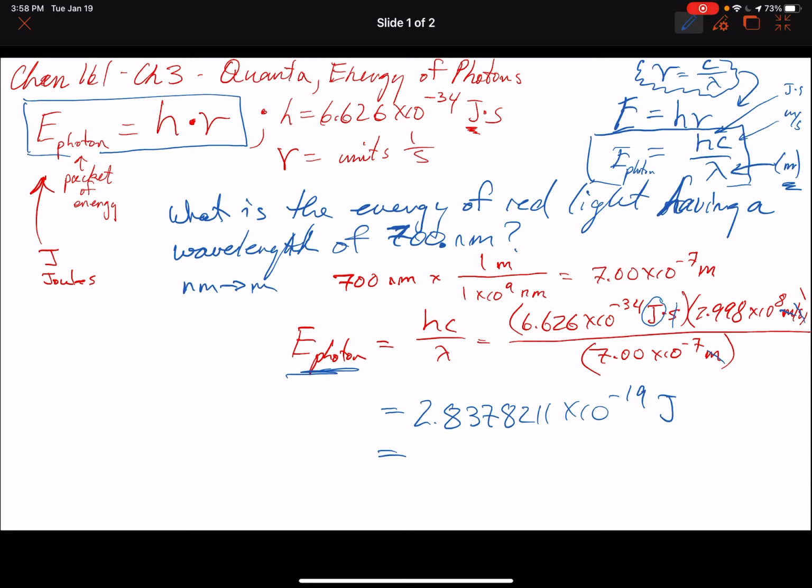So we'll go to 3 sig figs on this one, which is how we reflected the level of precision over here. So we'll answer to 3 sig figs, 2.84 times 10 to the minus 19 joules will be our final answer there. So this is the energy of a single photon of red light.